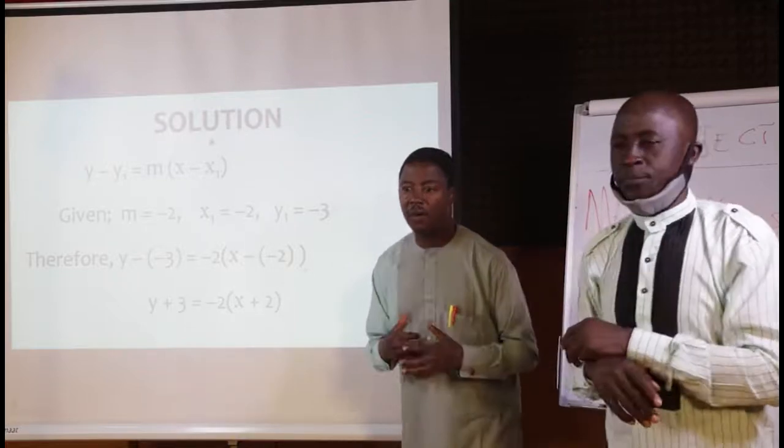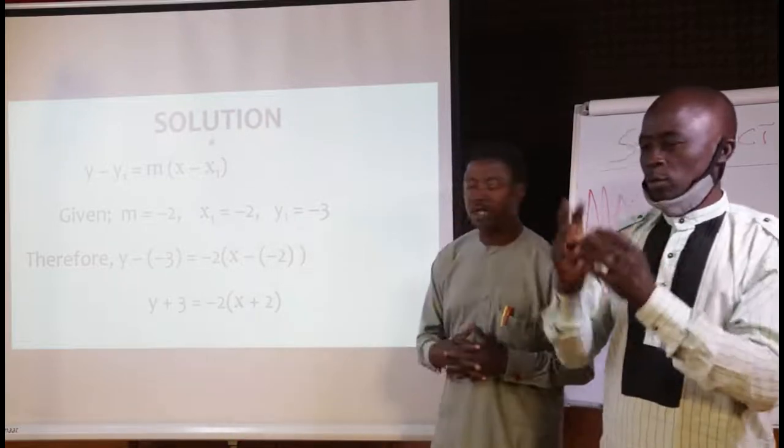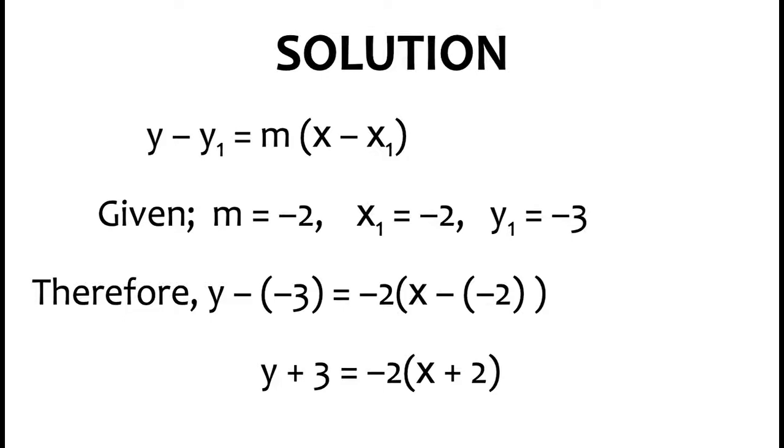Now you carry all the variables and then you substitute in the formula. Therefore, y minus y1 is minus 3, so it should be in bracket, equals to minus 2 open bracket x minus minus 2. That minus 2 outside is the gradient as given.